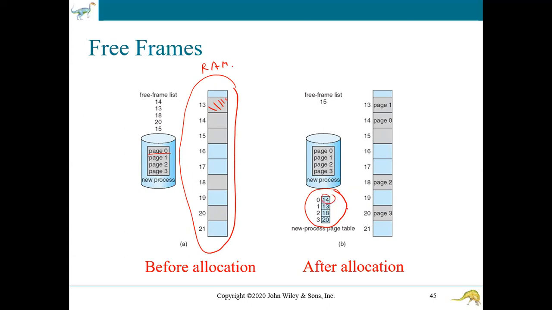Page number 0, 14. Okay. So all this is freely available. Okay. And one is allocated in frame number 13 and 18 and 20. It's okay, no? It's okay. So this is before and after allocation of a process, which is exactly the same size.